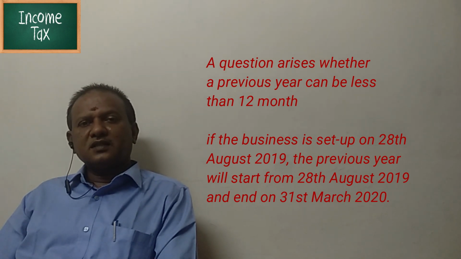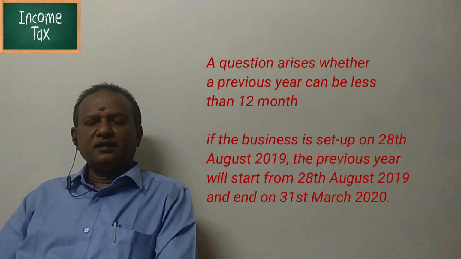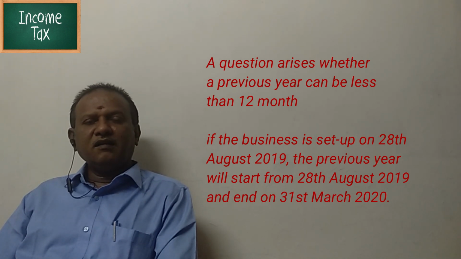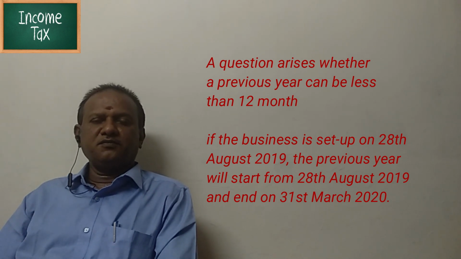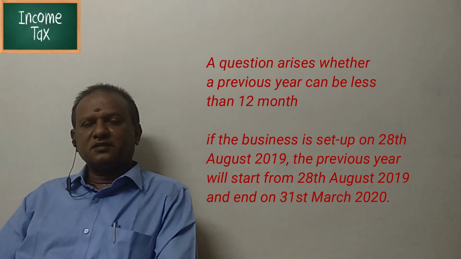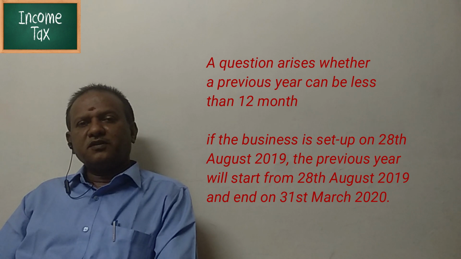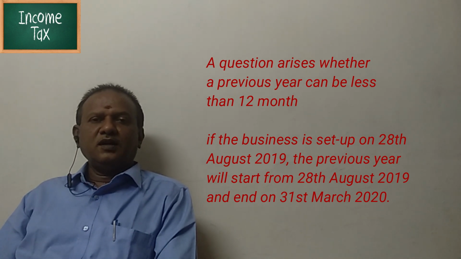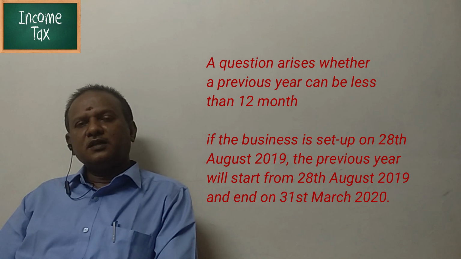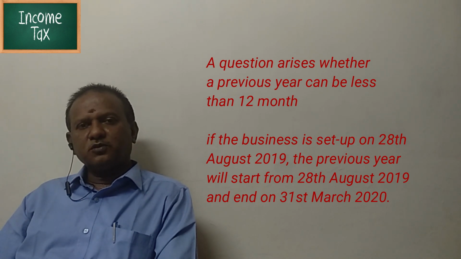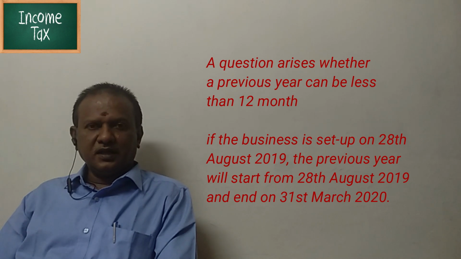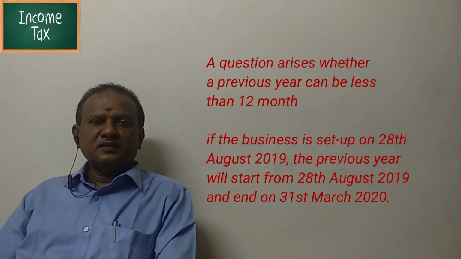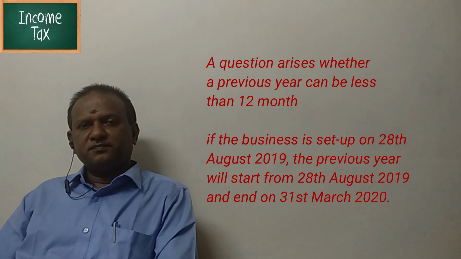The previous year starts from 1st October 2019 and ends on the next following March 31st, that is 31st March 2020. 2019-20 is the previous year and 2020-21 is the assessment year, but the previous year is less than 6 months.